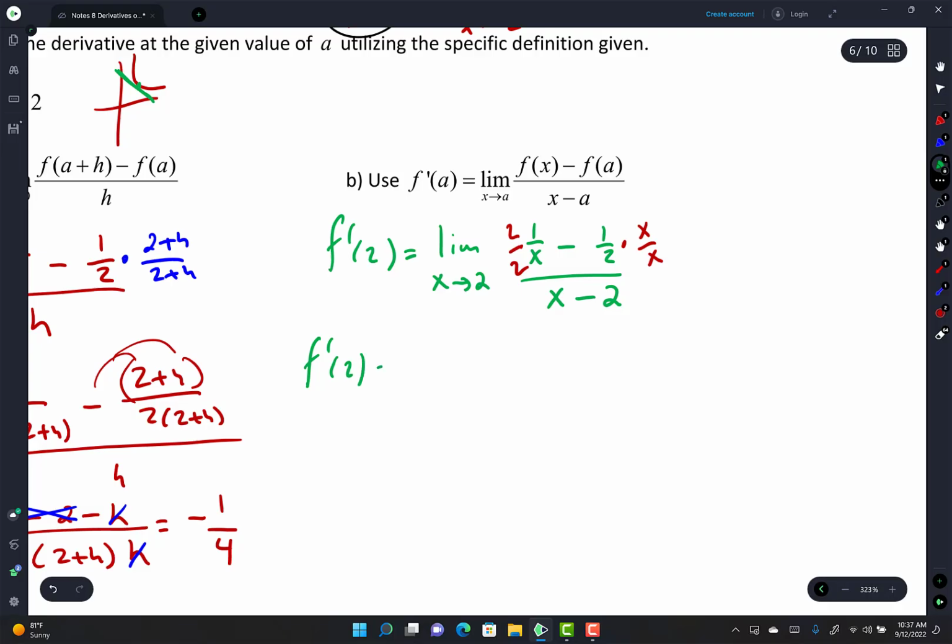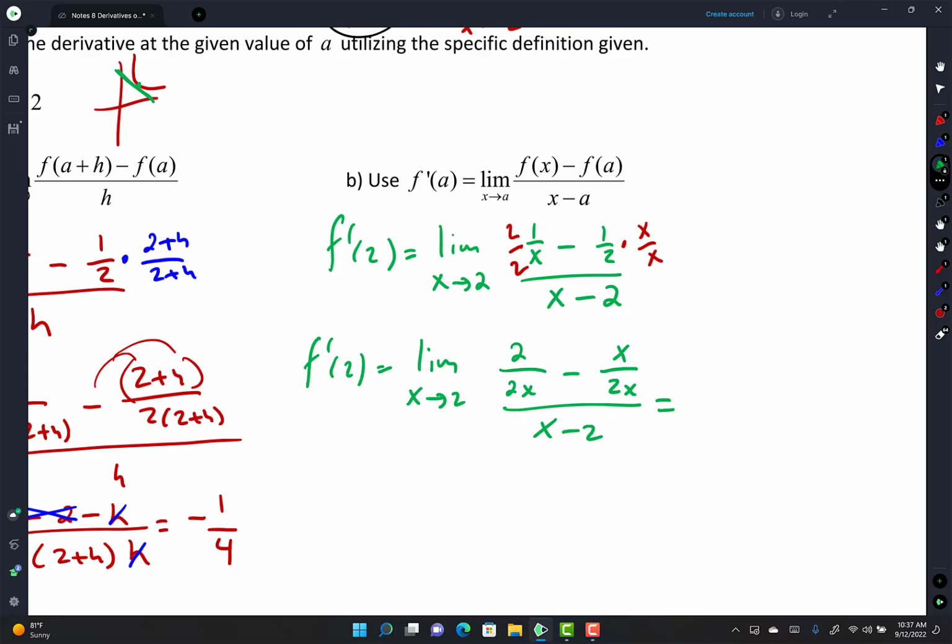F prime of 2 is equal to the limit as x approaches 2 of 2 over 2x minus x over 2x, all over x minus 2. Now slow down. The denominators are the same, so the limit as x approaches 2 of 2 minus x over 2x, and I'm going to bring up the x minus 2.